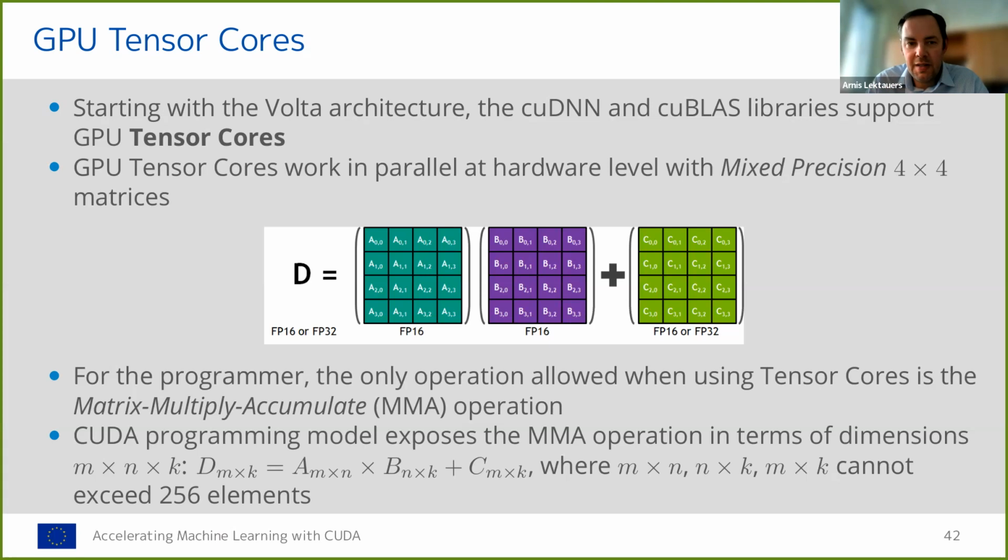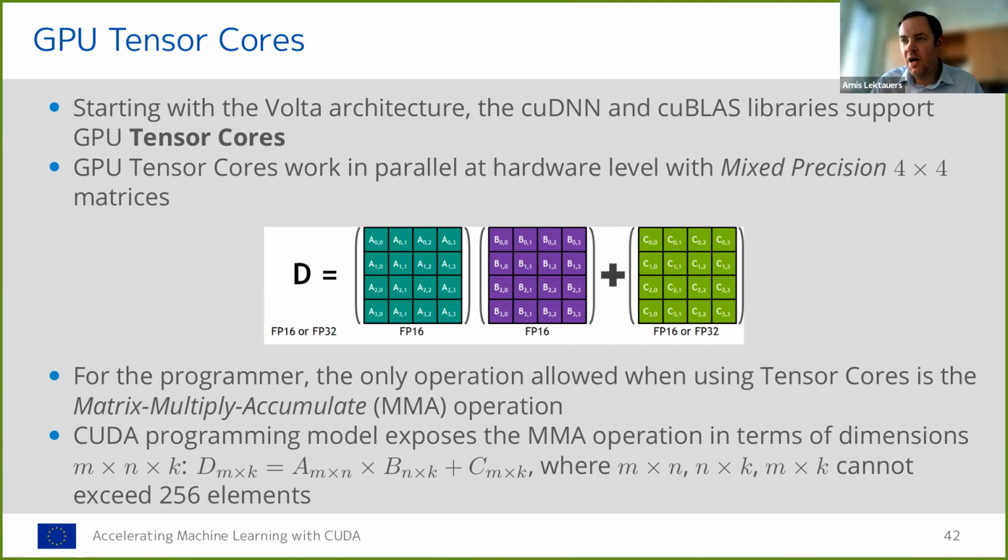The supporting hardware unit there is named Tensor Cores. Tensor Cores are a hardware block in each streaming multiprocessor, providing parallel work at hardware level with mixed precision 4x4 matrices.